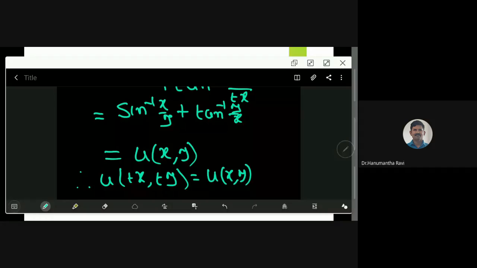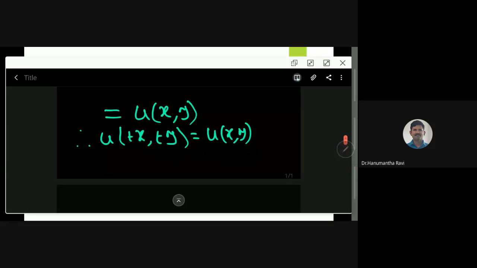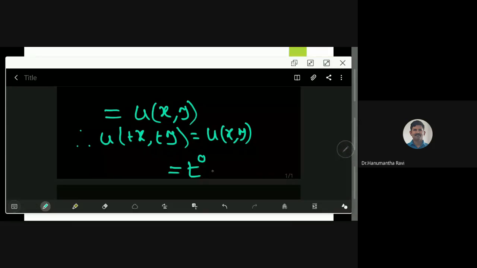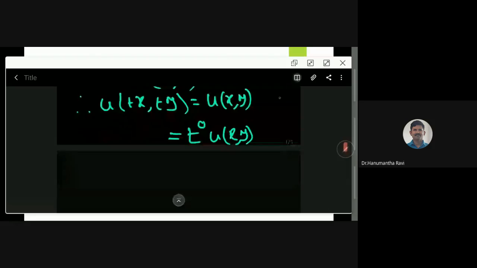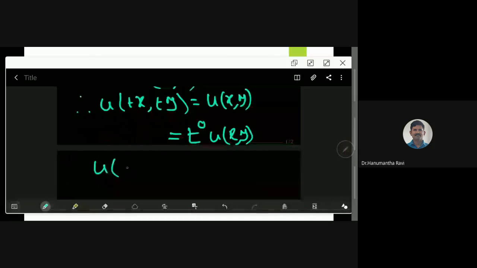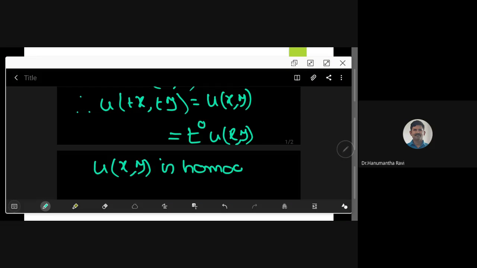This can be further viewed as t power 0 into u of x, y. Therefore, u of x comma y is homogeneous of degree 0.